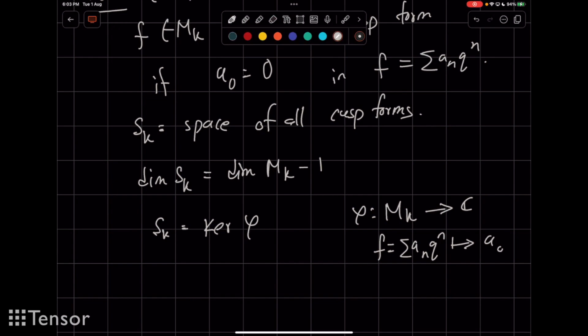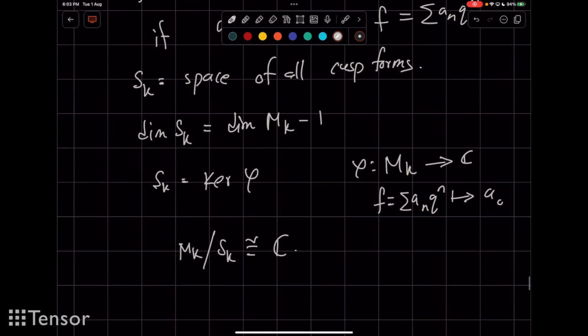That is why, using the first isomorphism theorem, we have M sub k quotient S sub k is isomorphic to C. Therefore, the dimension of M sub k minus the dimension of S sub k is 1.